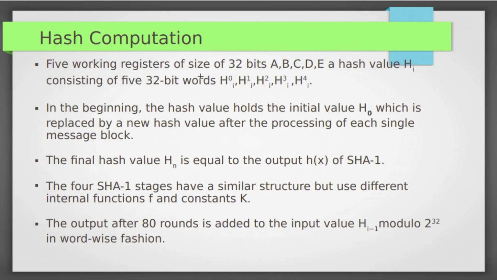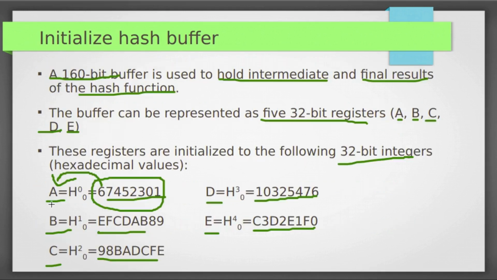5 working registers A, B, C, D and E initially contain fixed values called H0, which will be replaced by new hash value after processing. These are the initial values. Here subscript represents round number, means here it is the initial value, so we are taking 0.